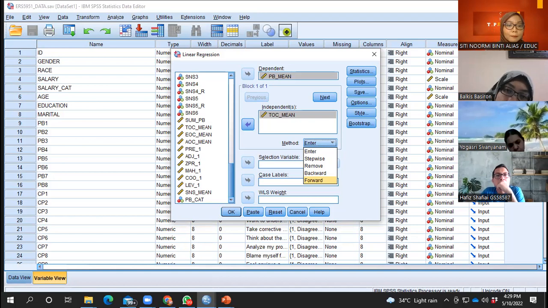For Backward, variables are entered into the equation and then sequentially removed. First we enter all the variables, all the IVs, but it will sequentially remove them. For example, we have 4 IVs.